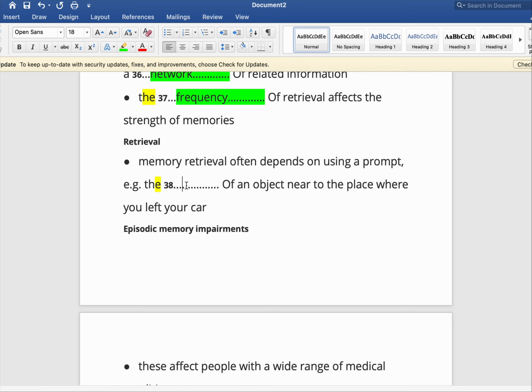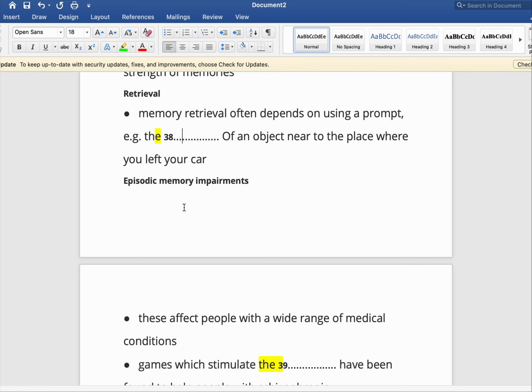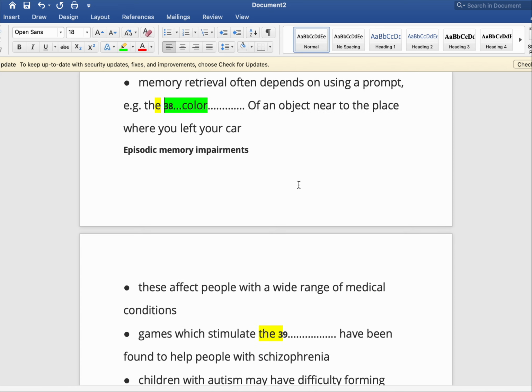These help episodic memory retrieval by acting as a prompt. For example, when recalling where you parked your car, you may use the color of a sign close to where you parked. You actually have to mentally travel back to the moment you parked.